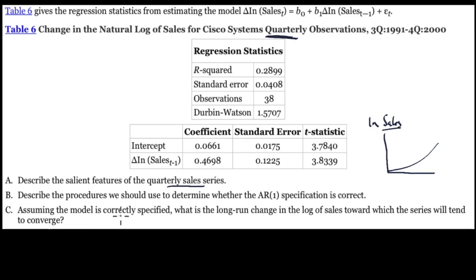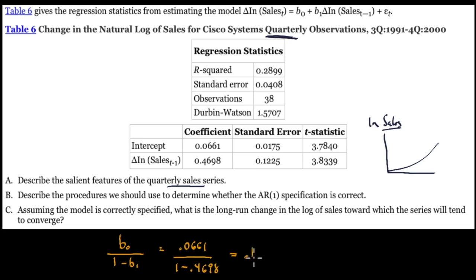C, assuming the model is correctly specified, what is the long-run change in the log of sales toward which the series will tend to converge? So it's asking for the mean reverting level. And remember, our mean reverting level is rather easy to figure out. B0 over 1 minus B1. So what do we have for our B0? Our intercept is 0.0661. 1 minus, what's our B1? 0.4698, and it is a positive 1, so we do subtract this time.